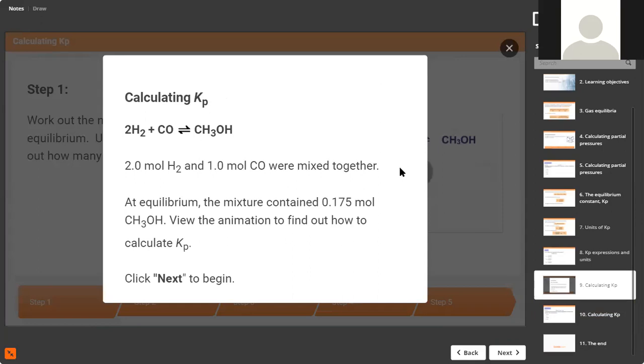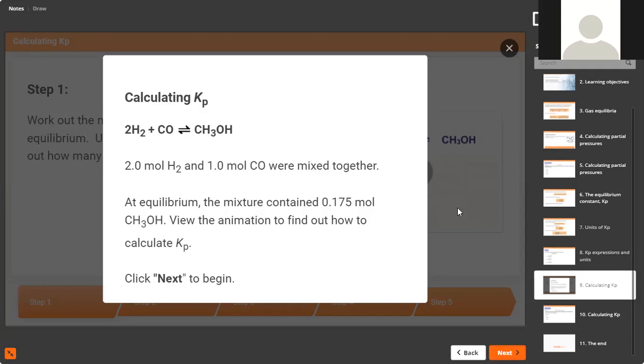We've got 2 moles of hydrogen and 1 mole of carbon monoxide, and they were mixed together. At equilibrium, the mixture contains 0.175 moles of CH3OH. And we're going to look at the animation and find out how we calculate KP. So I'm going to break it down into stages.